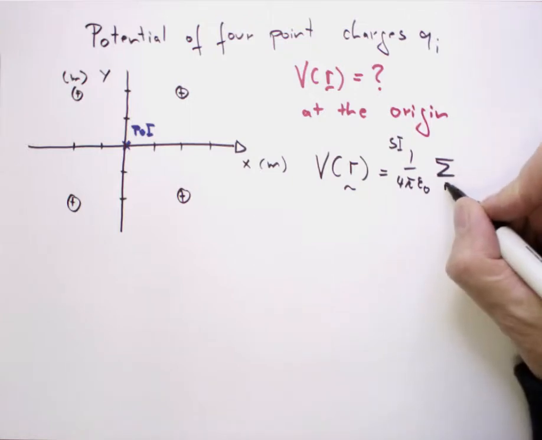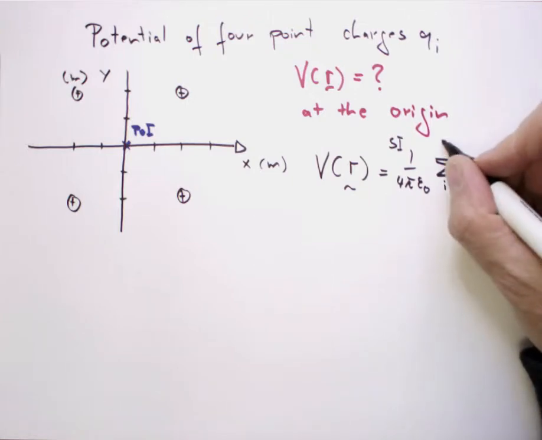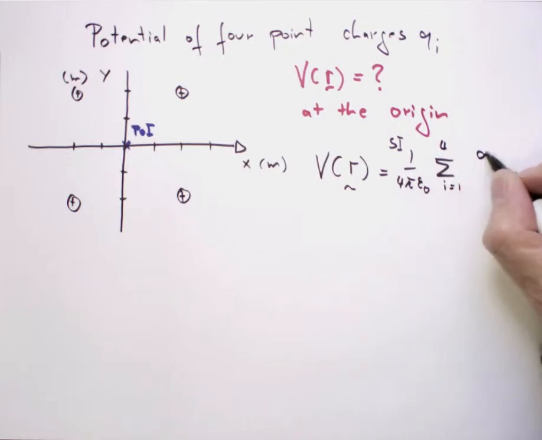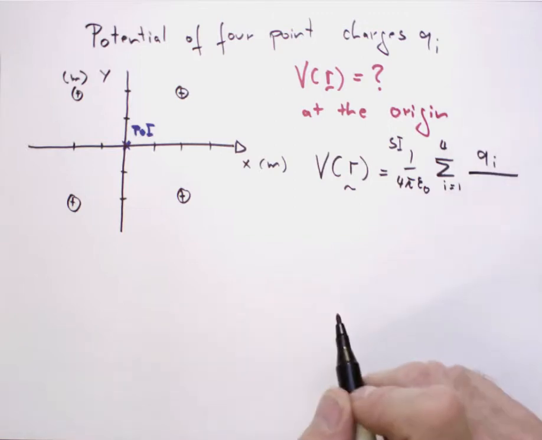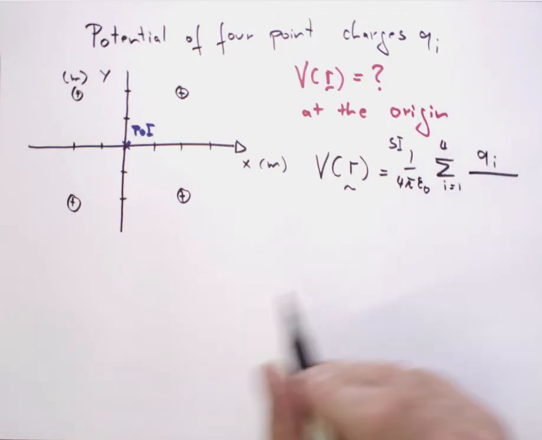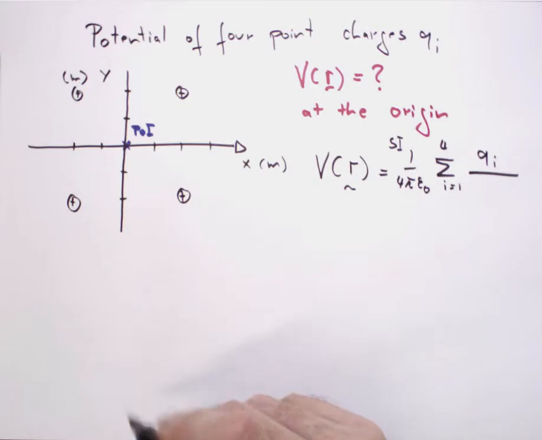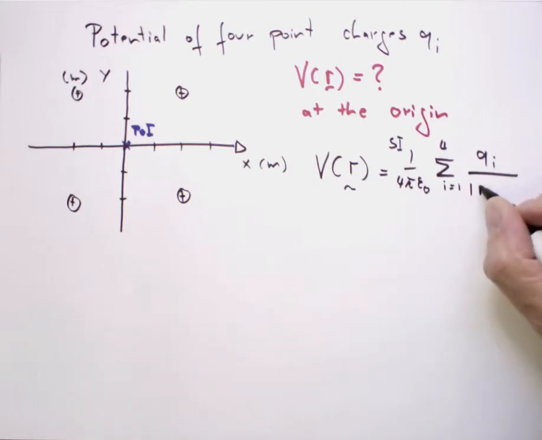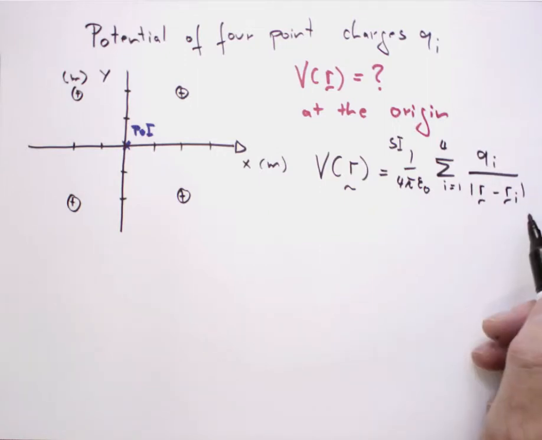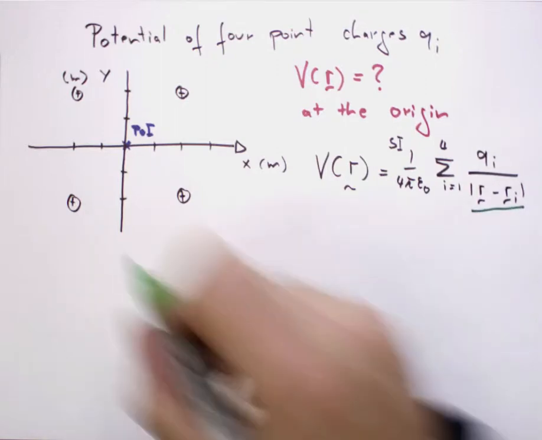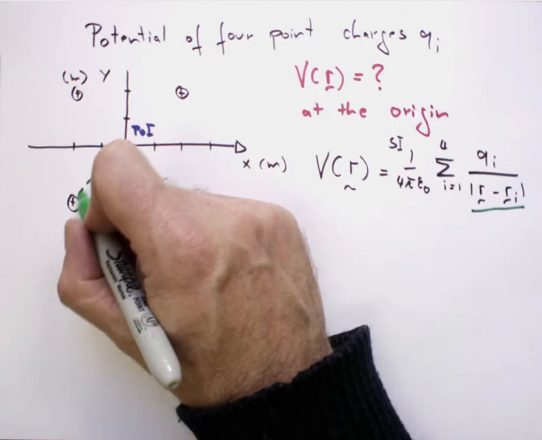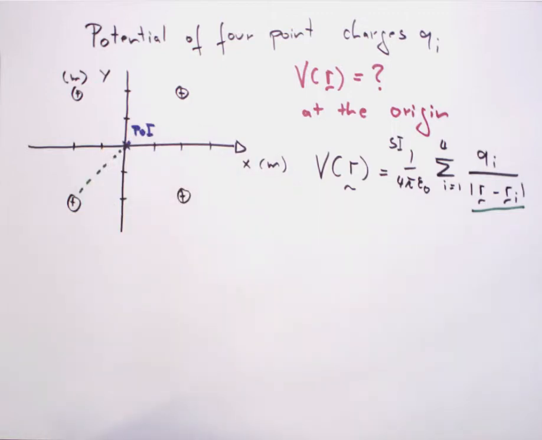In this case we've got 4, so i runs from 1 to 4, and each source charge contributes a term Qi in Coulomb, which may be 1 Coulomb in this case, divided by the magnitude of R minus Ri, whereby this magnitude is the distance between the point of interest and the location of the point charge.